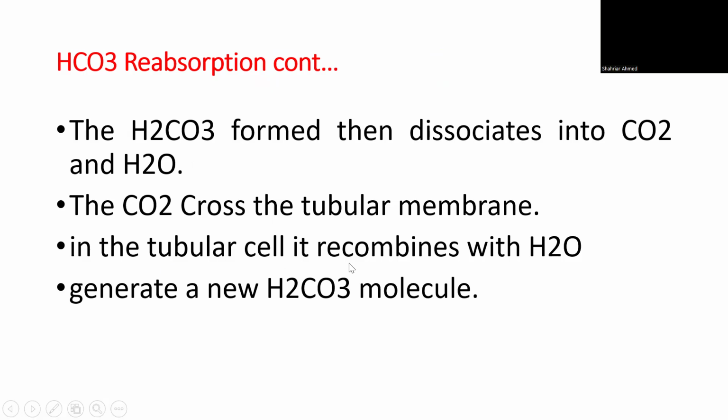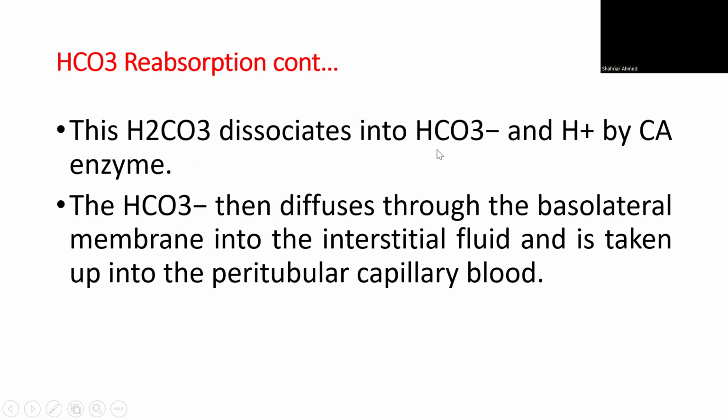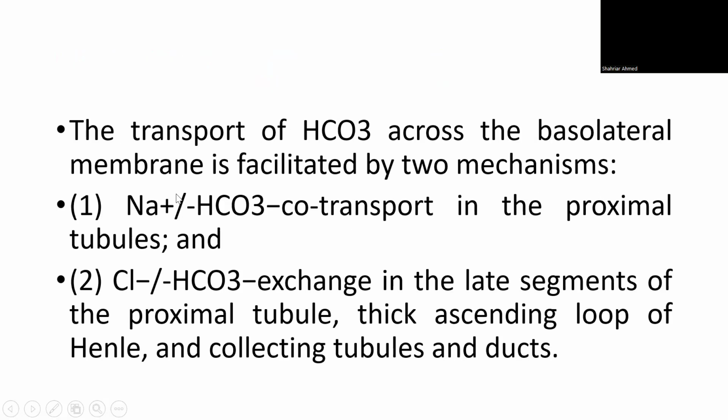In the tubular cell, this carbon dioxide will combine with water and form carbonic acid. This dissociates into bicarbonate and hydrogen. Hydrogen ion will be secreted into the tubular lumen, and bicarbonate will be reabsorbed into the blood.